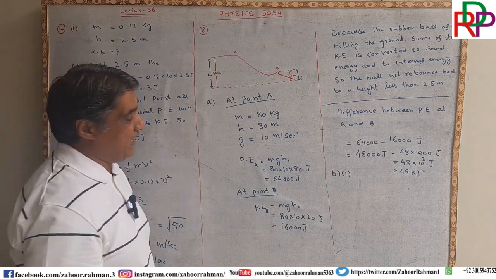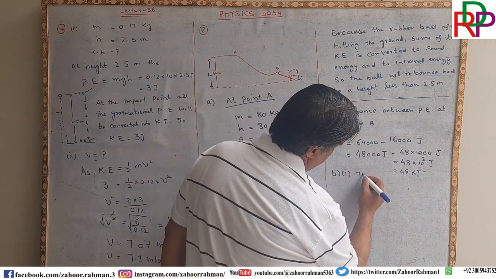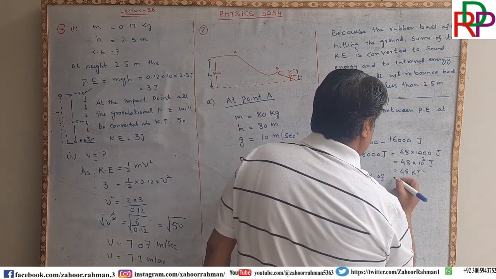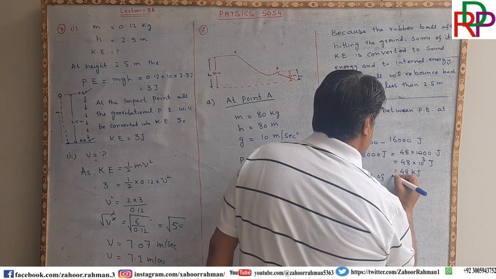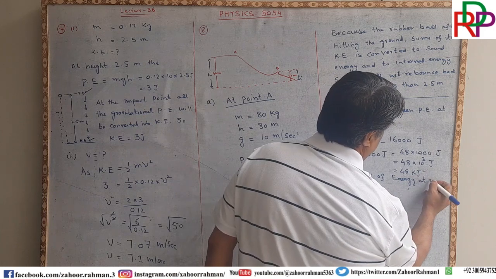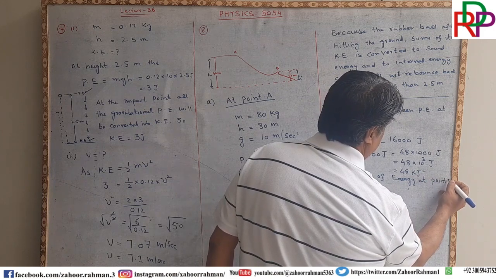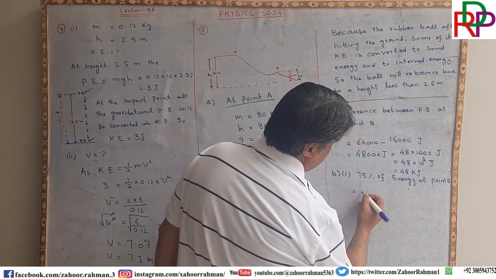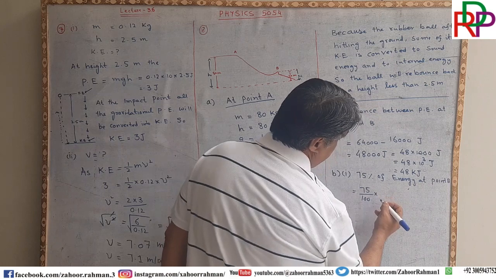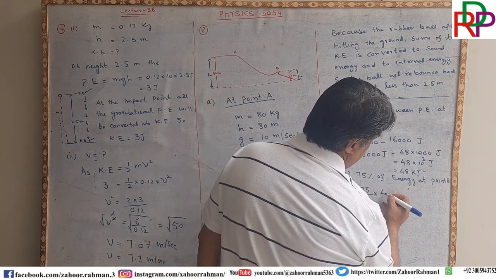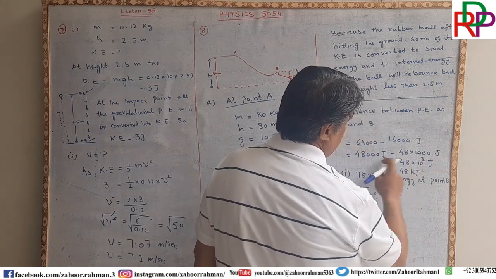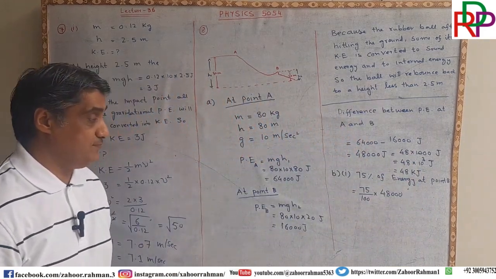So we have to find 75% of the energy at point B, which is equal to 75% multiplied by 48,000.